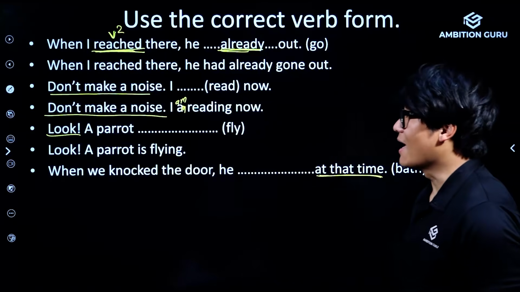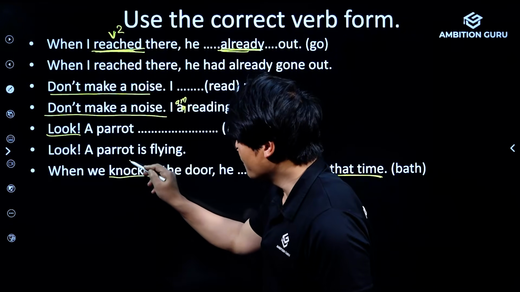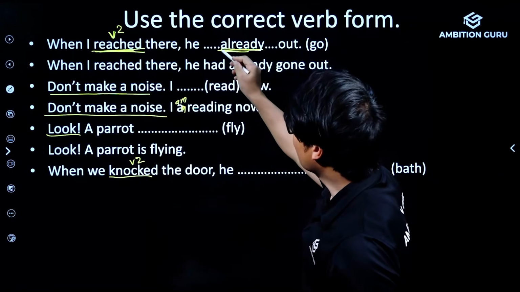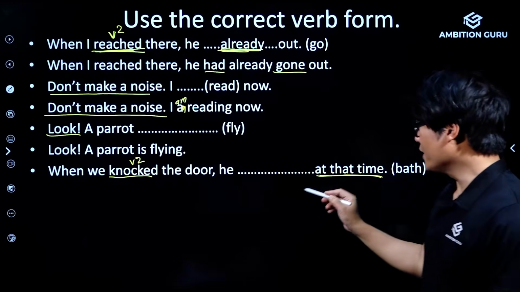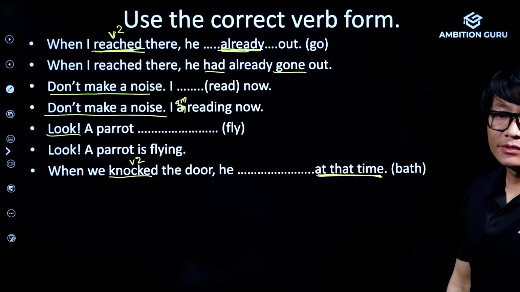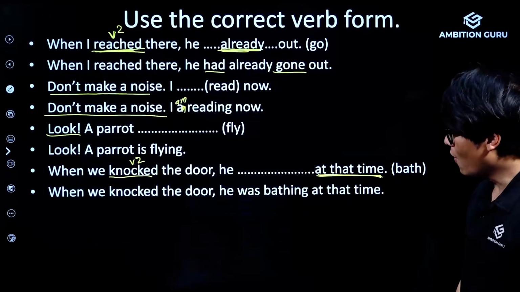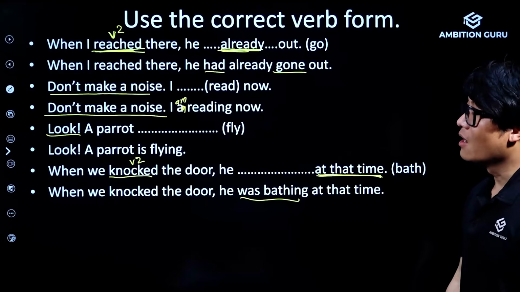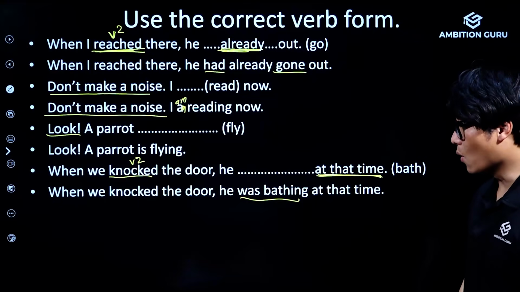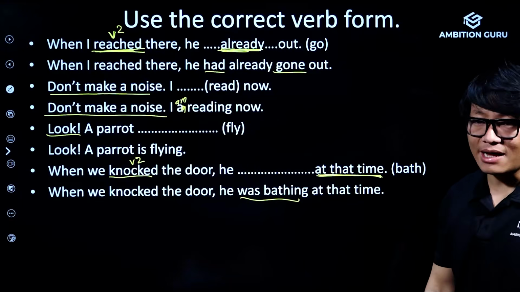So you need to understand, even though this is a verb too, here is already, that's why we wrote past perfect, but here is at the time. So here should obviously be the past continuous. When we knocked the door, he was bathing at the time.